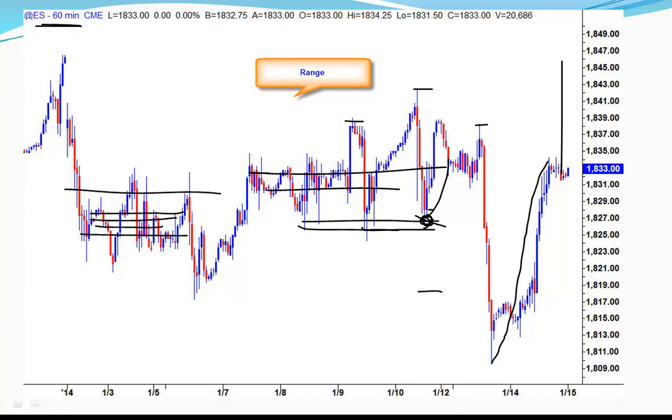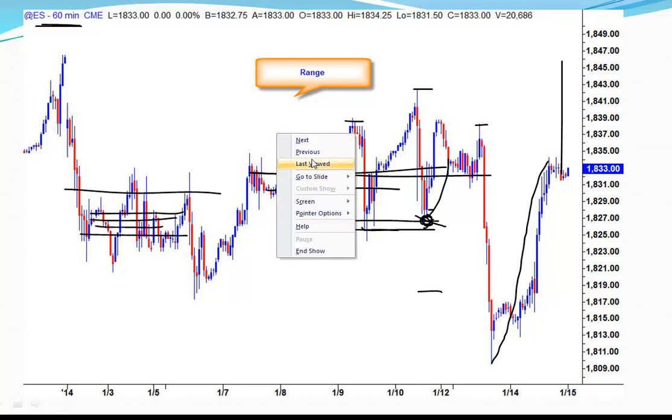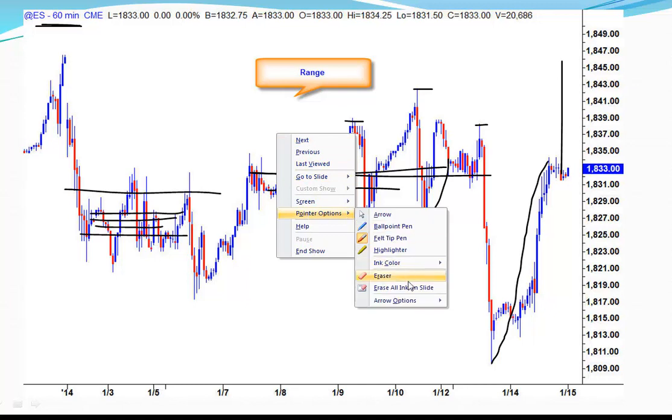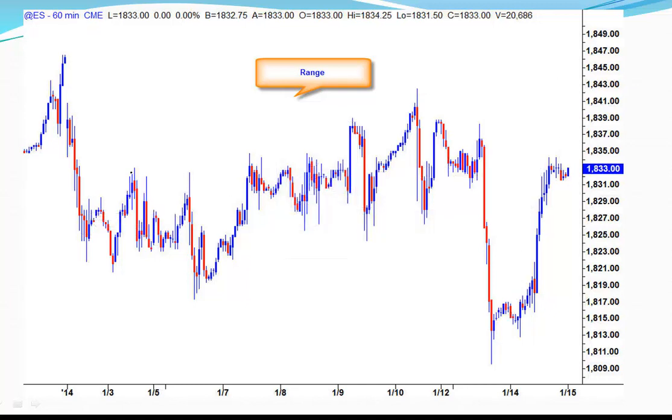All right, but most times you'll see a range have that price bar overlap, or that sideways line. So let me just show you. If I take this line and come right across, you can see how many times the price has traded through it. All right.